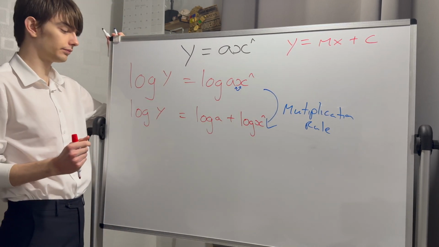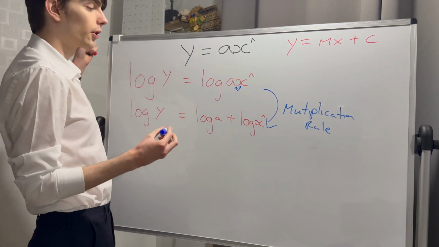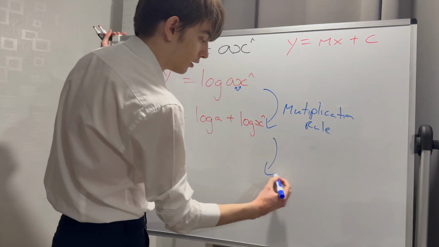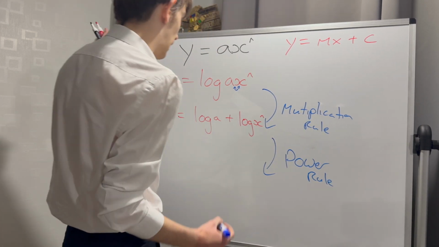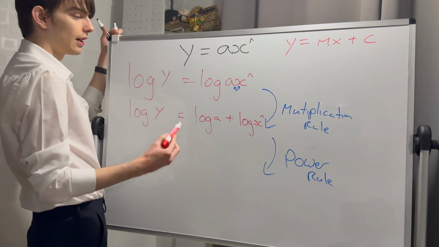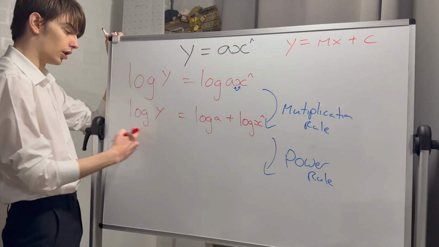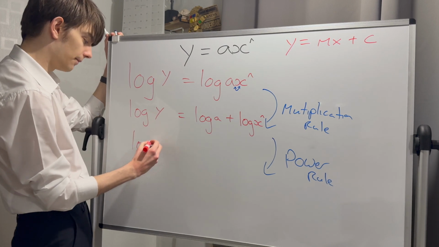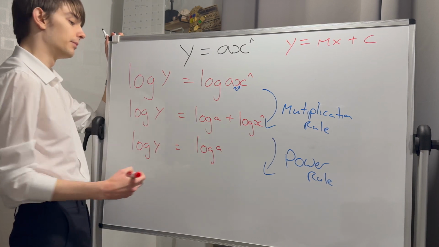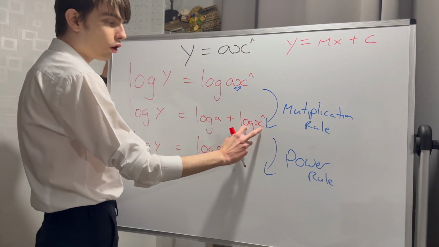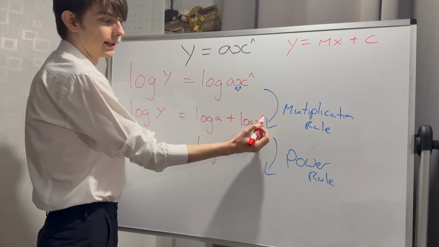Now, the next thing I'm going to do is apply the power rule. The power rule of logs applies to any log that has a power inside of it. So my log y is still going to stay the same, equals log of a is going to stay the same, but now my log of x to the n has a power inside it, an indice.